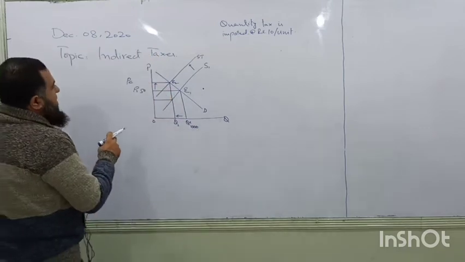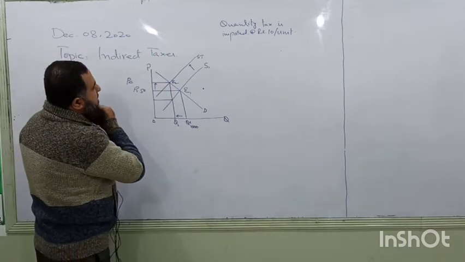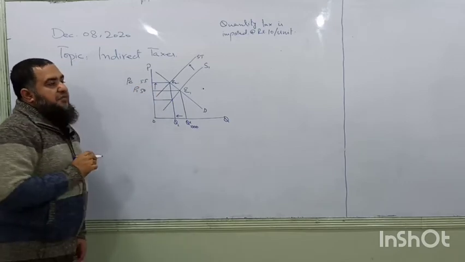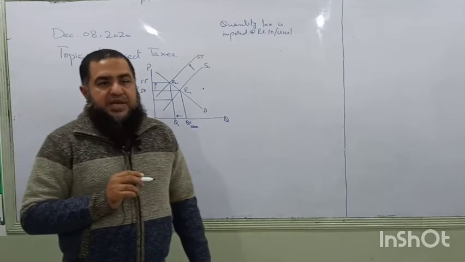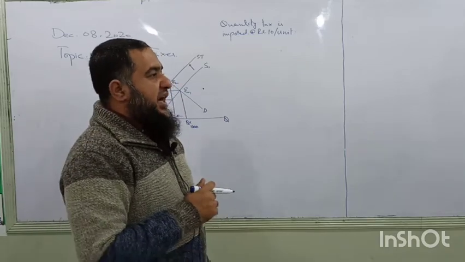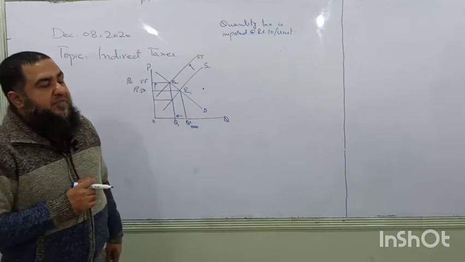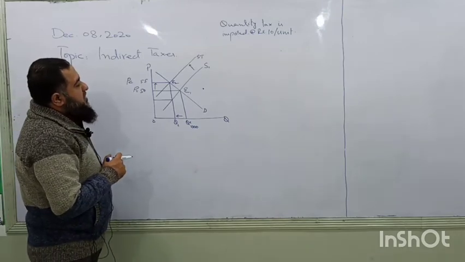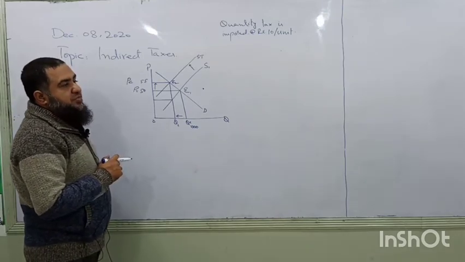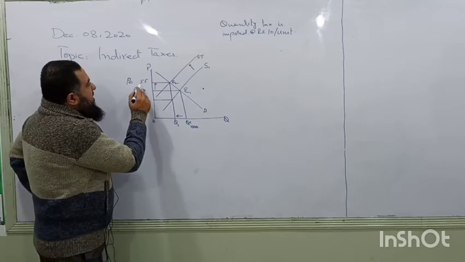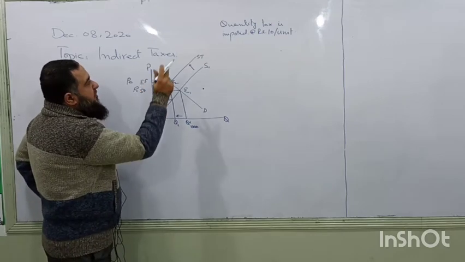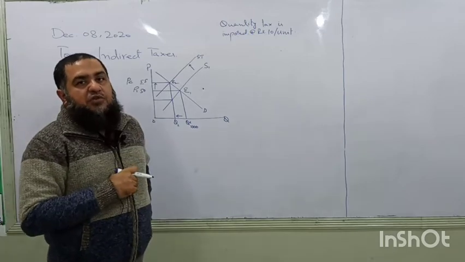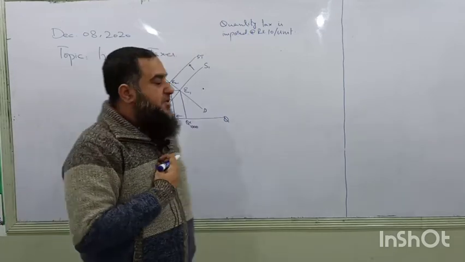So what will be the price which will be paid by the consumer? We say this is the price 55 now, which is paid by the consumer instead of 60. You might be thinking that the consumer will be paying 60. Keep in mind, he is not fully shifting the burden of the tax onto the consumers in this case. Now after paying this tax of rupees 10 out of these 55 rupees, how much will be left with the seller after the tax?